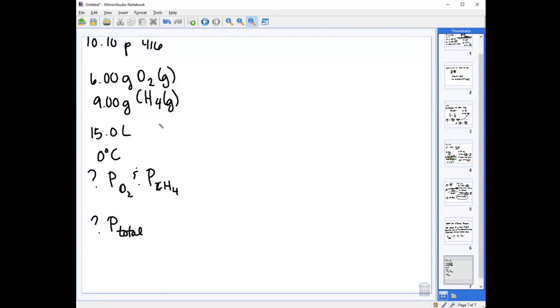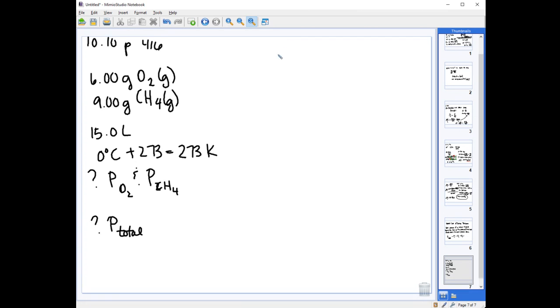Well, they've given us grams, and we know we can convert between grams and moles. They've given us volume, and they've given us temperature. I'm going to put that in Kelvin, which would be 273 Kelvin. What I've got to do first is figure out the pressure of my oxygen, and in order to do that, I have to figure out how many moles I have.